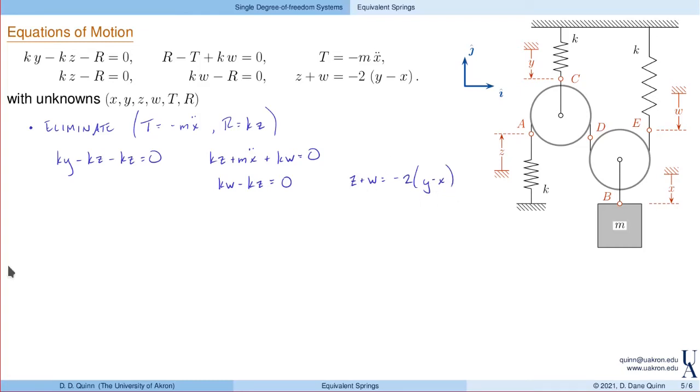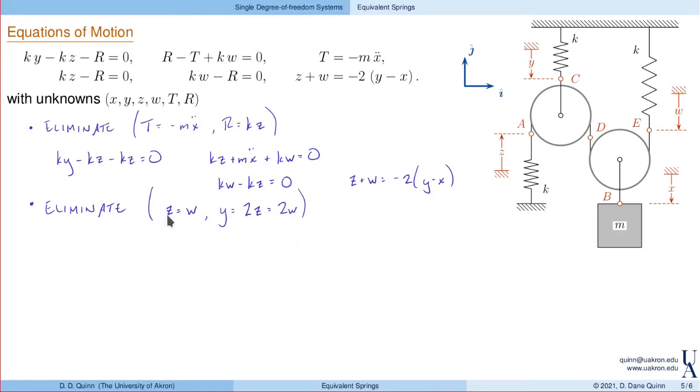Okay, do it again. Find a relatively simple coordinate to eliminate. Now I'm going to make use of this equation, and notice that z is equal to w. And then from here, we find that y is equal to 2 times z. Again, this is ky minus 2kz, which, because of this, is equal to 2w.